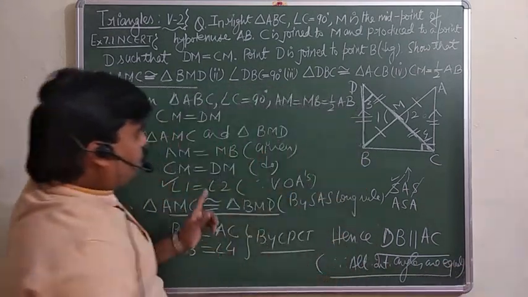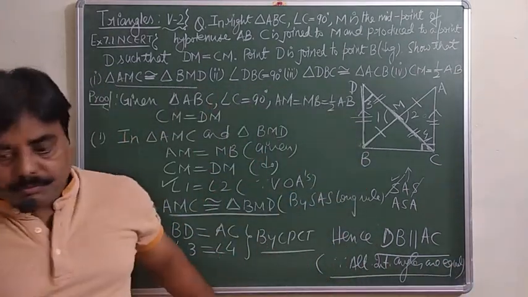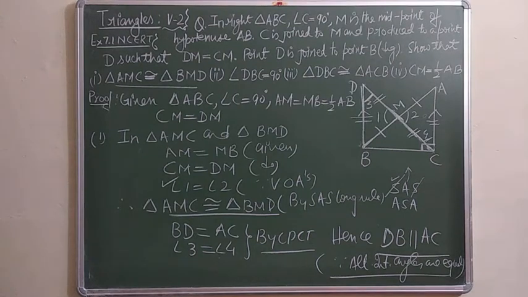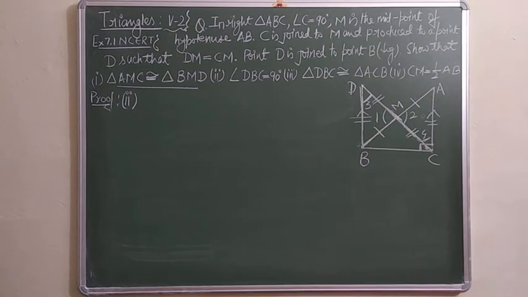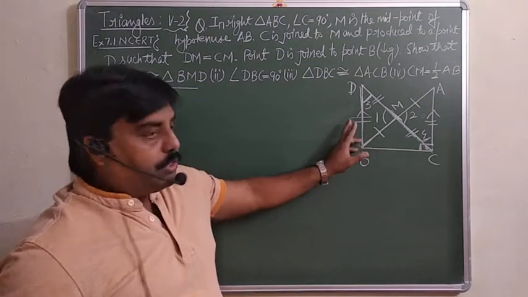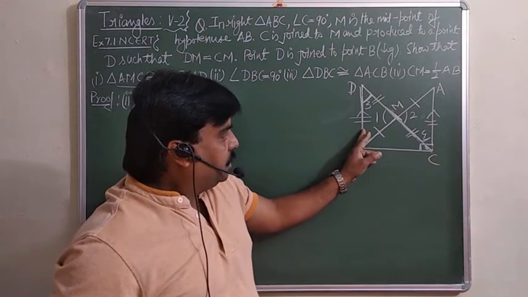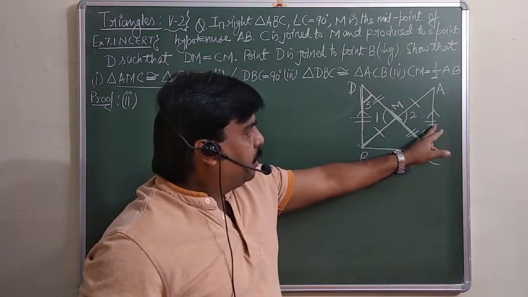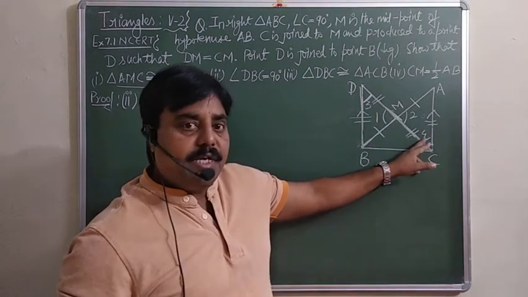So this is your first part. Have a look. Yes, so this is already proved. This DB is parallel to this AC because their alternate interior angles are equal.